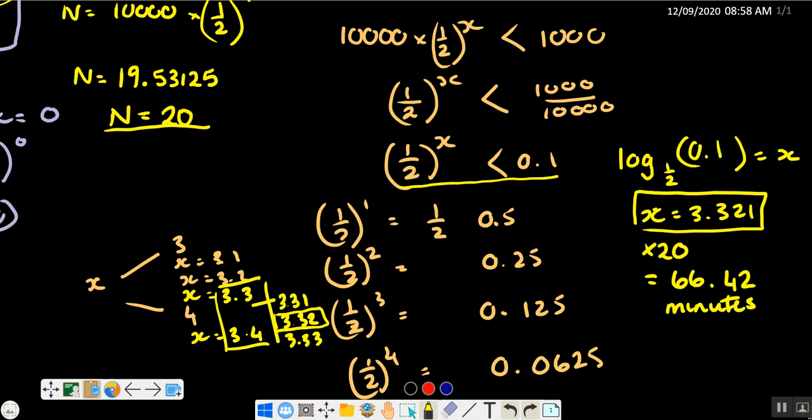I think 3.32 might just be over. Well, actually, that is equal to 0.1, so we wanted less. So we want at 66.42, so we probably want to be above that. But at 66 and a half minutes, we might actually say we round it to 67 minutes. We could answer that.